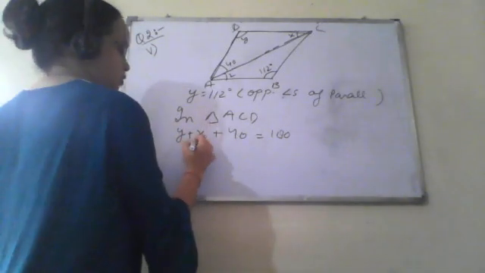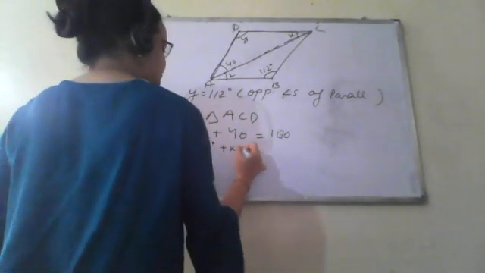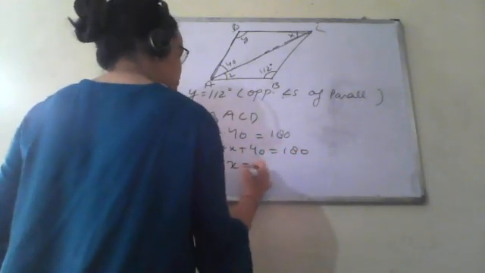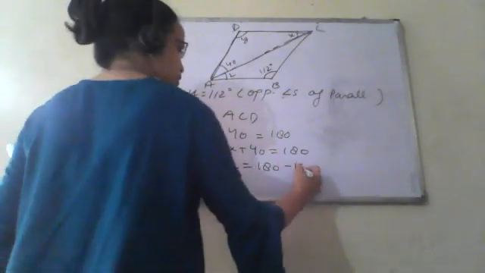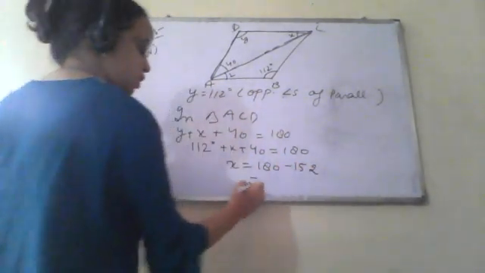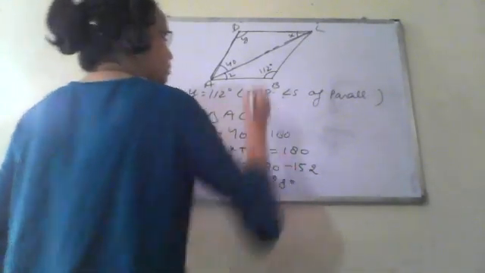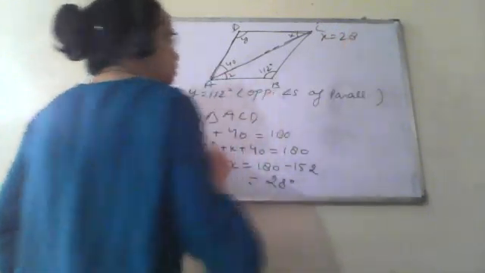So Y we have 112 degrees, plus X we don't know, plus 40 equals 180 degrees. So the value of X will be 180 minus 152, which is 28. So the value of X will be 28. Clear?